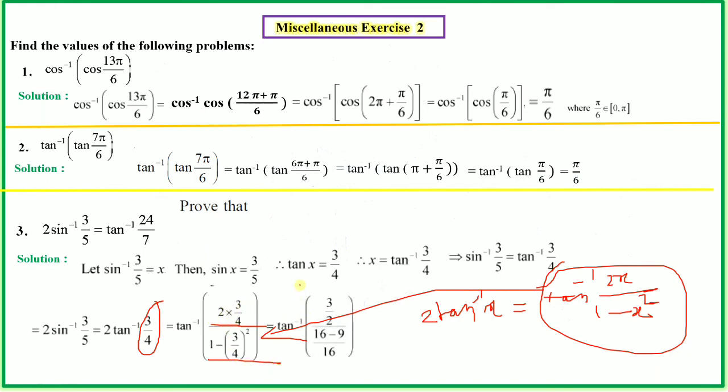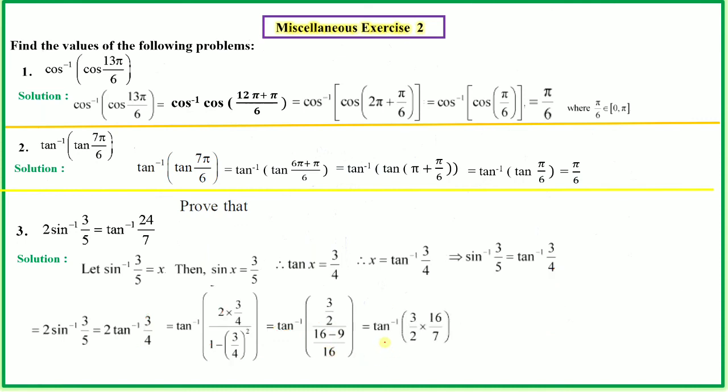In the next step, 3 by 2, 2 2 ja 4 cancel, 3 by 2 upon 4 4 ja, the square of this 2, 9 by 16, 16 taken to this 1, so 16 minus 9 upon 16 equals to tan inverse 3 by 2 into 16 by 9, 16 minus 9 is equal to 7, 2 8 ja 16, so 8 3 ja 24 by 7 is equal to right hand side, hence proved. That's all about this question number 3.